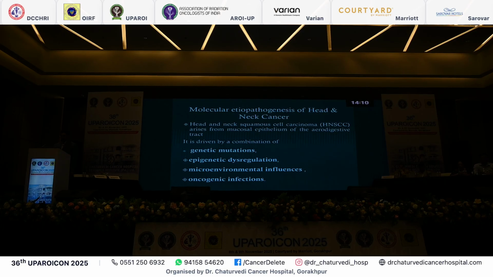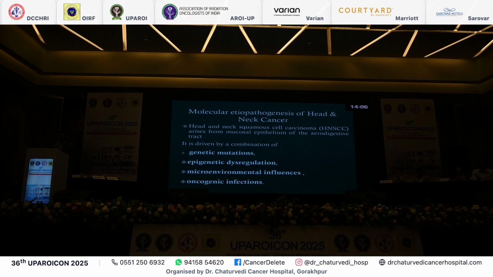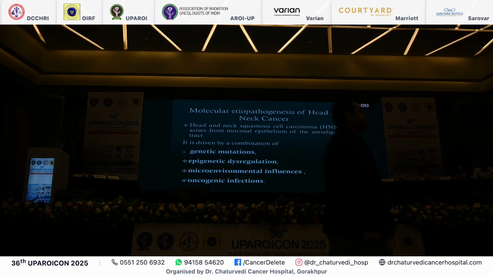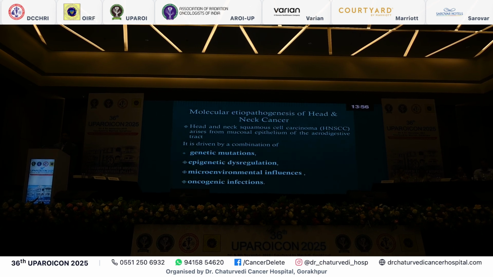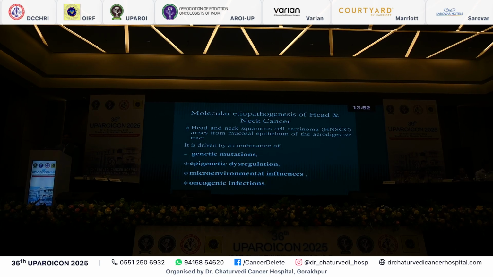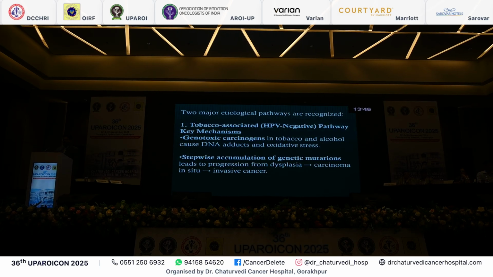Molecular etiopathogenesis of head and neck cancer. Head and neck squamous cell carcinoma arises from the mucosal epithelium of the aerodigestive tract. It is driven by a combination of genetic mutation, epigenetic dysregulation, microenvironmental influence, and oncogenic infections. There are 2 major etiological pathways which are recognized.